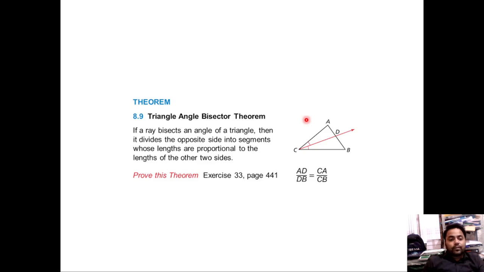So for this, we see that here CD bisects the angle ACB. So angle ACD must be equal to angle DCB. Then AD by DB is equal to CA by CB.